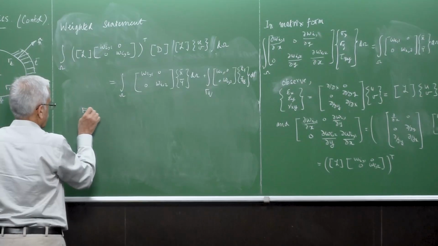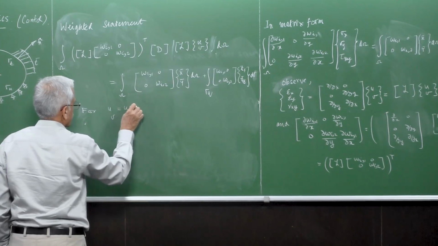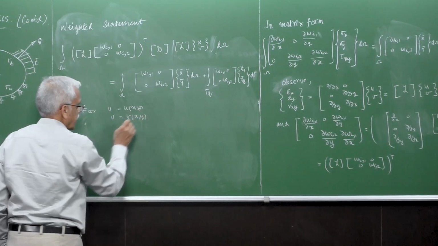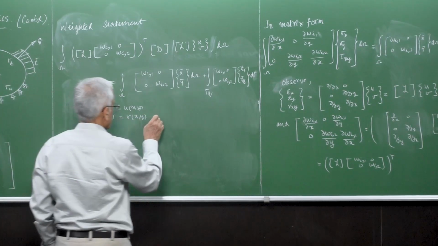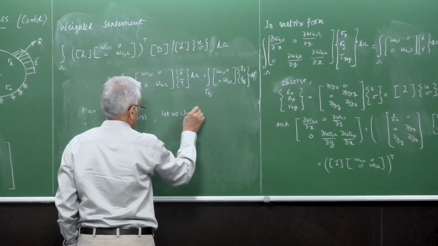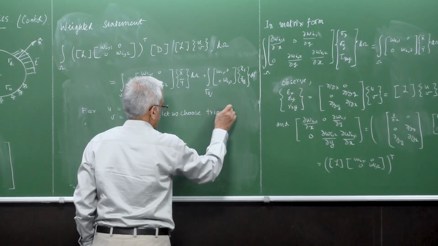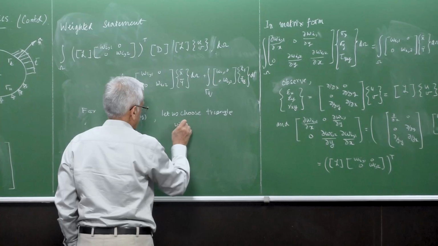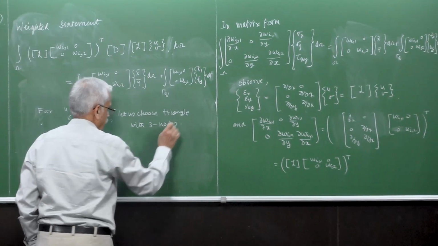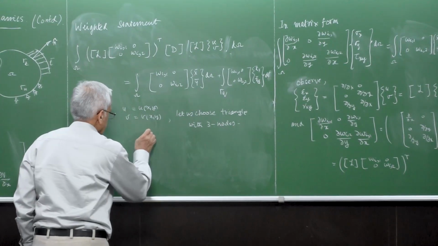So u, v here, for u and v, which are functions of x, y. So let us choose a triangle with 3 nodes. So the triangle with 3 nodes is like this.